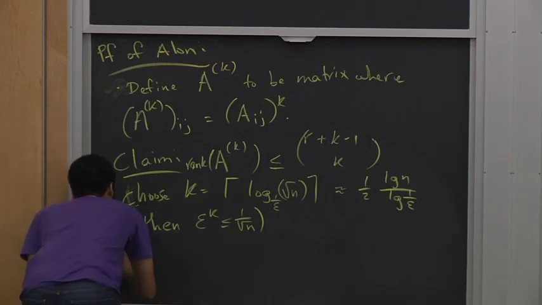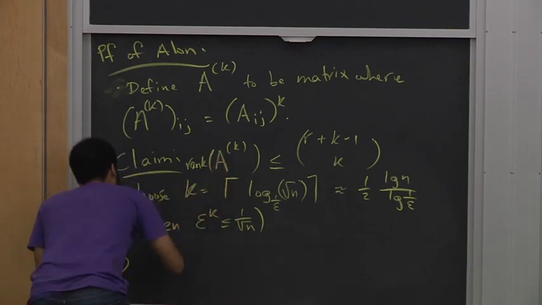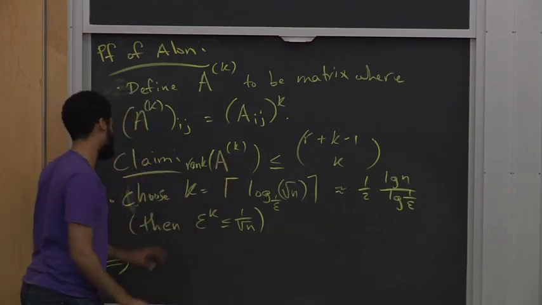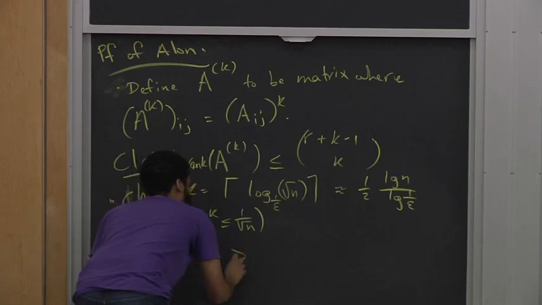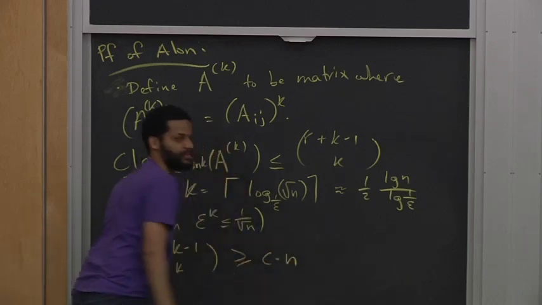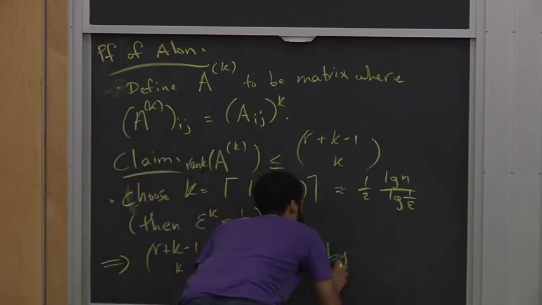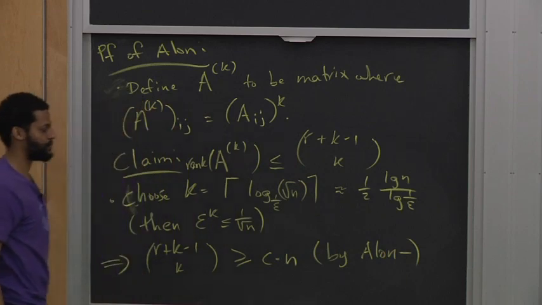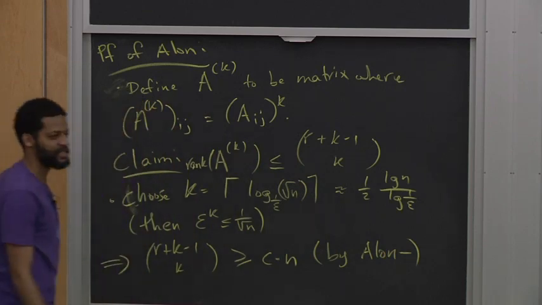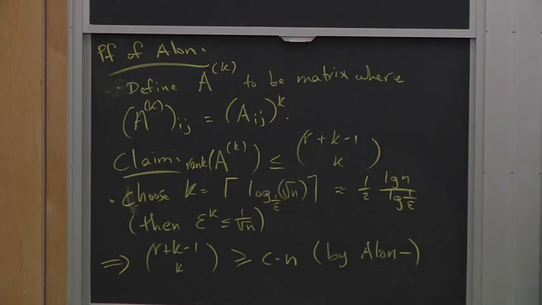That implies, since this is now a 1 over root n near identity matrix, well, what's the rank of this matrix? The rank of this matrix is at most that. That implies that r plus k minus 1, choose k, has to be at least some constant times n. Right? That's what Alon gave us. And then you basically just calculate. From here it's straightforward.